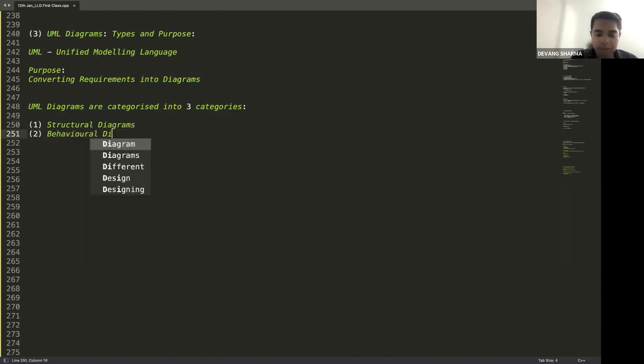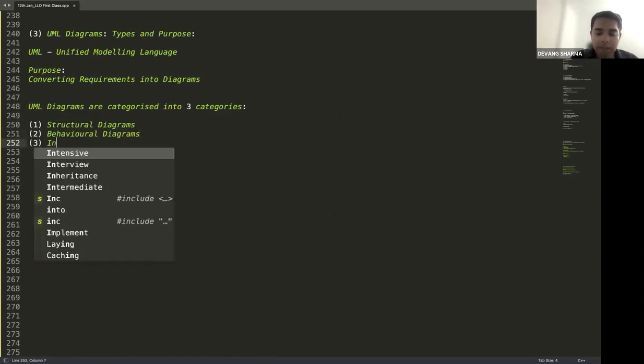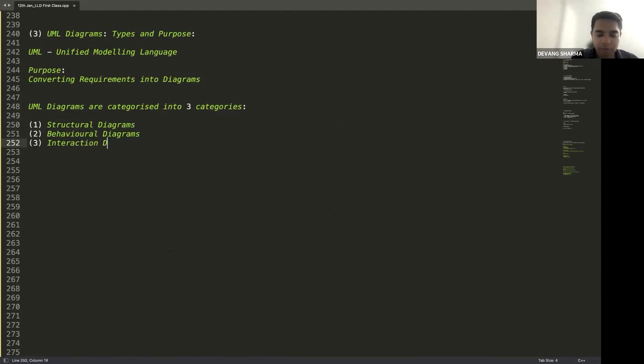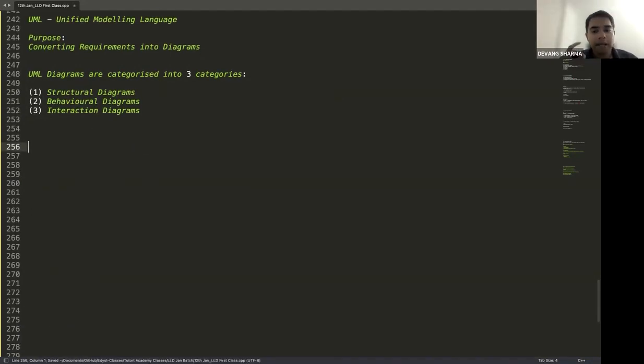Now I'm talking about categories; I'll go to the specific ones later. Number 3, interaction diagrams. These are the 3 categories that we have. Inside these 3 categories, we have multiple subcategories also. In total, there are around 23, 24. But you don't need to know all of these 23, 24. Four of them are important, which we'll focus upon.